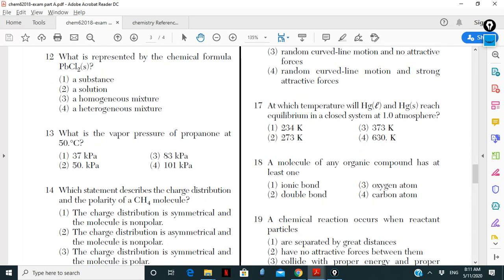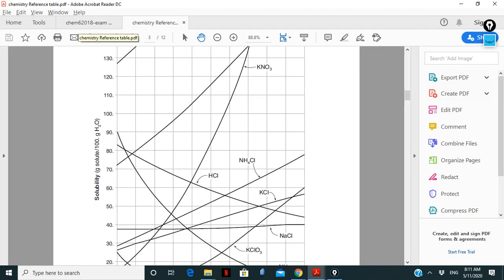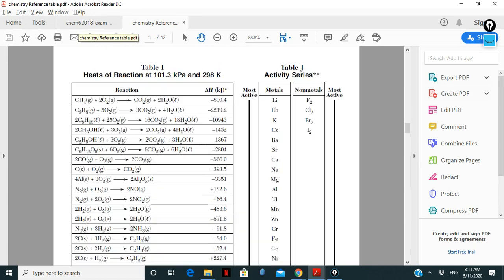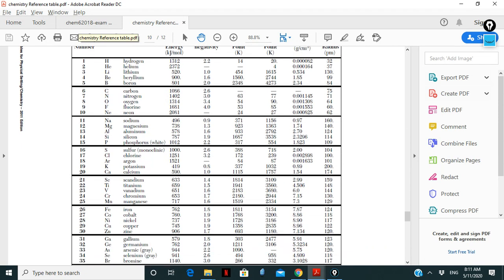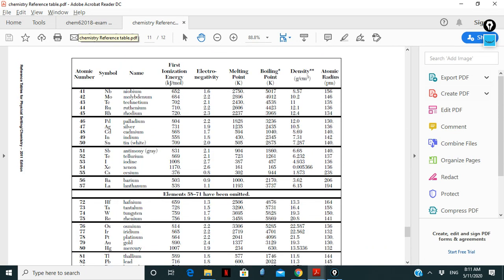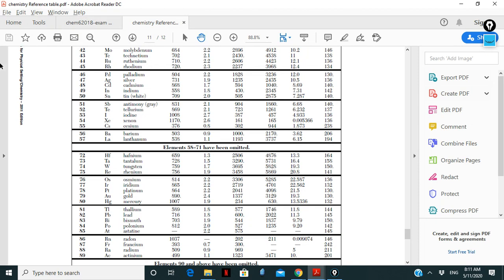Question number 17. At which temperature will mercury liquid and mercury solid reach equilibrium in a closed system at 1 atmosphere? Let's see. Here I don't have mercury, so I go to the table and look for mercury, Hg. Here's mercury.